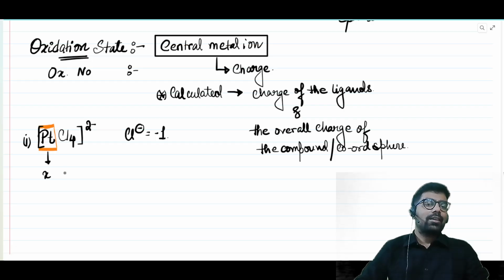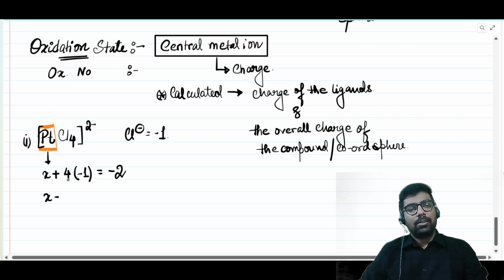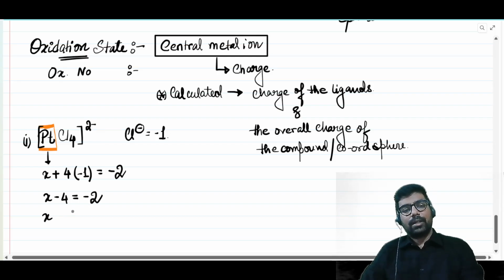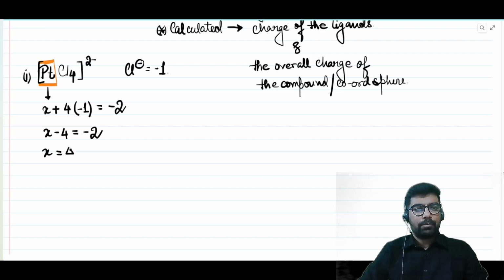So overall there are 4 chlorine with a charge of -1, and the overall charge of this compound is -2. Now we will solve a simple math equation. x plus 4 into -1, that is -4, is equal to -2. Now the -4 will move to the other side of the equal sign and become +4, so x equals +4 -2.